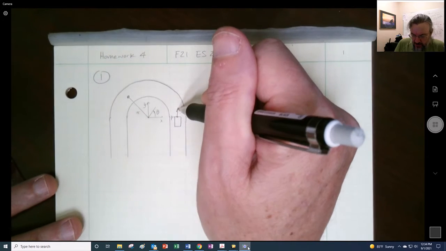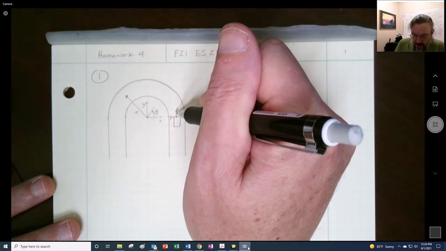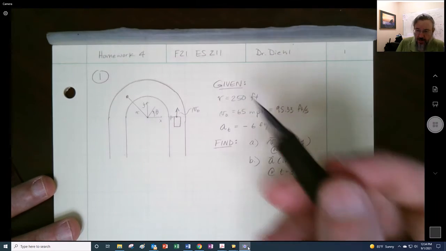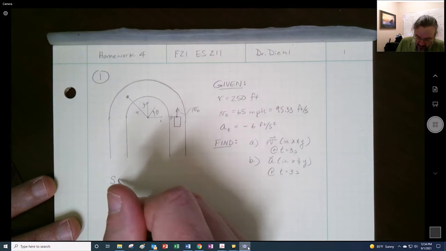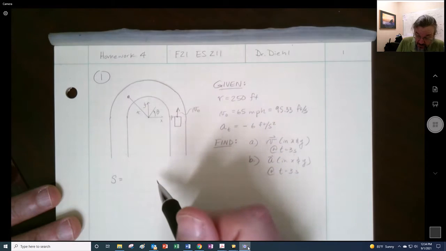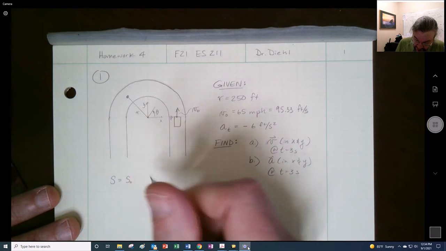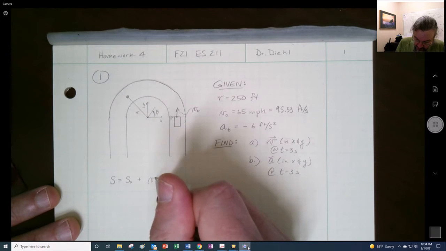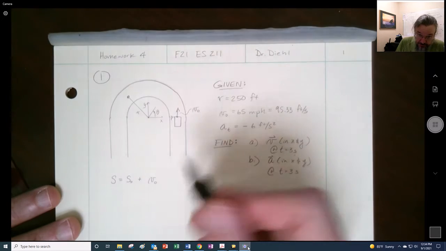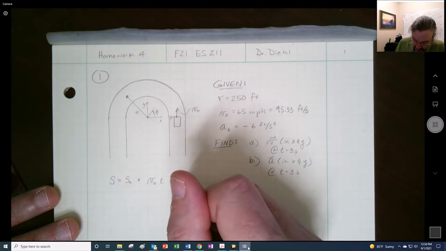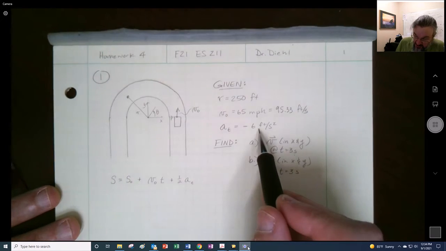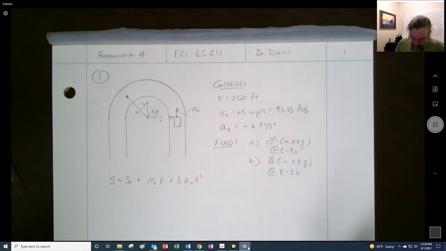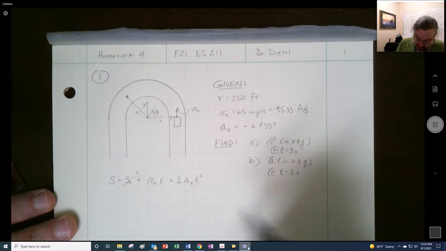We can treat this curve as having motion around it, and I'm going to call that parameter S, the distance along the curve. So S equals S0 plus the initial velocity in the S direction, which is tangential, times the time, plus 1/2 the acceleration, and this is the tangential acceleration, by the way, that's the -6, times t squared. Did I do that right? I think so. We'll say that it starts at 0.